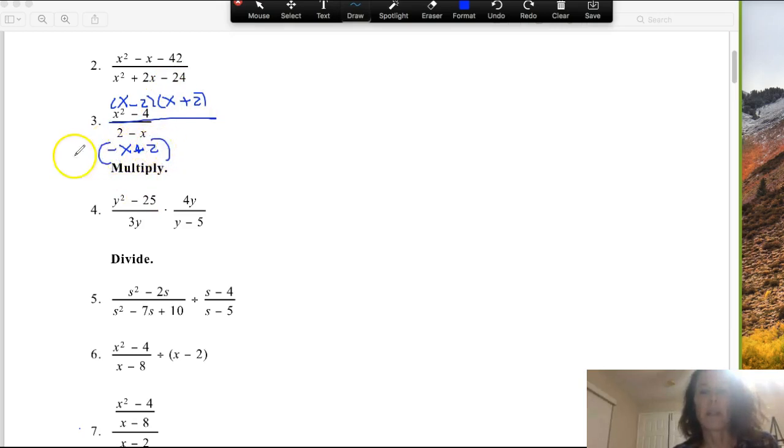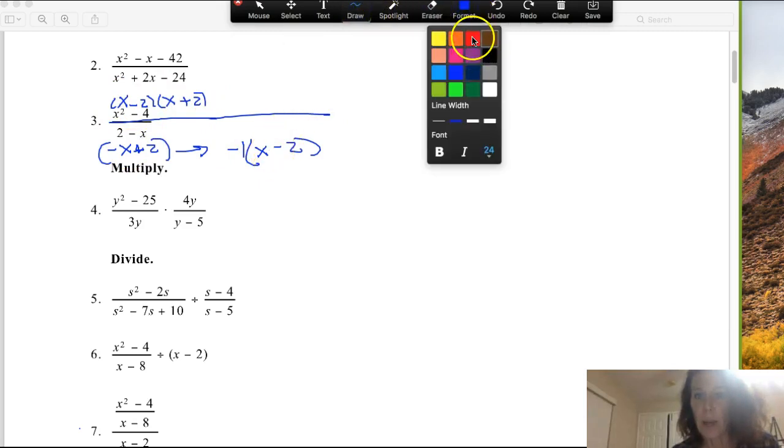What if I take this and I factor out a negative 1? If I take this and pull out a negative 1, that becomes positive x, and that becomes negative 2. And if I multiply it back in, I get negative x plus 2. If I do that, then I've got terms that will cancel. So let's go ahead and force this denominator to be this.